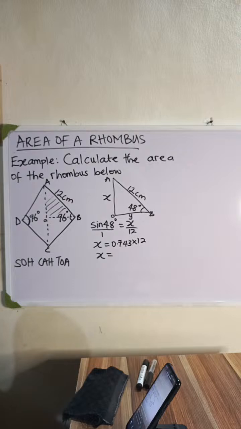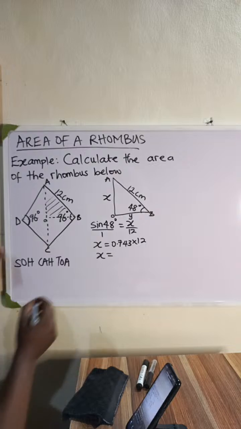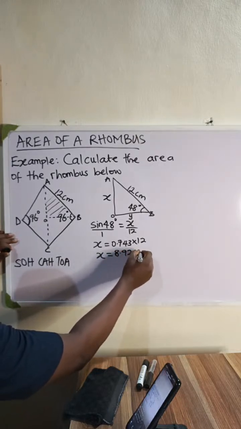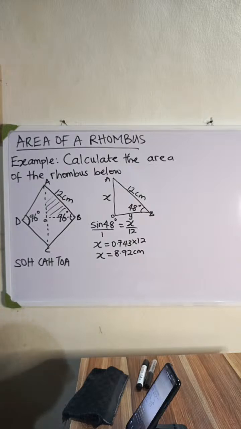Because of time, 8.92. So x is equal to 8.92 centimeter. Okay, so we've gotten the value of x.